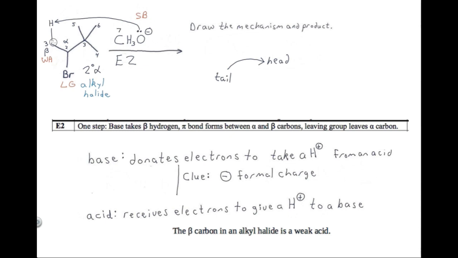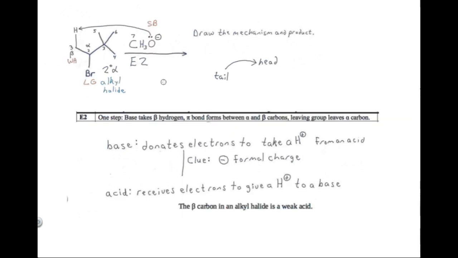By the way, after I had finished recording most of this video, I realized that I had accidentally misnumbered this carbon at some point. Originally, this carbon was supposed to be numbered as carbon 1. But at some point, unfortunately, I accidentally erased the number 1 and replaced it with the number 3, and I didn't notice that until I'd recorded a lot of the video.